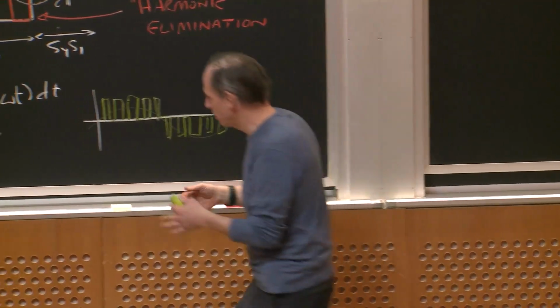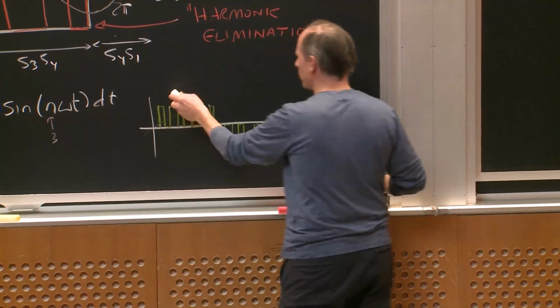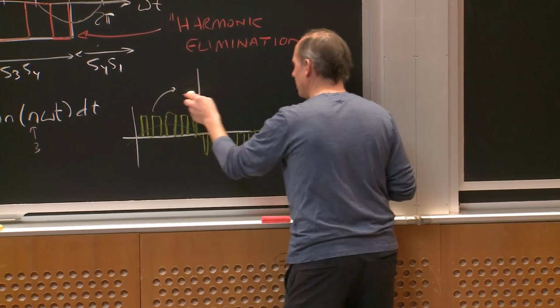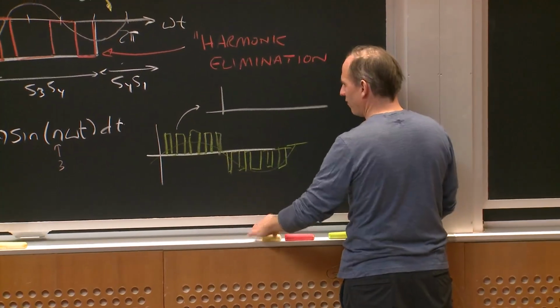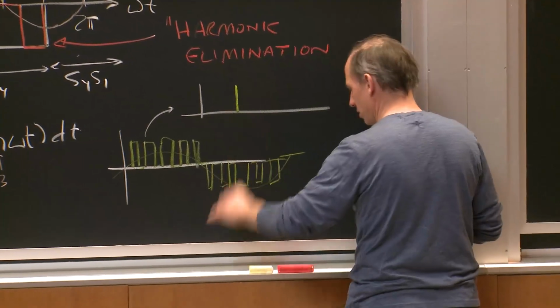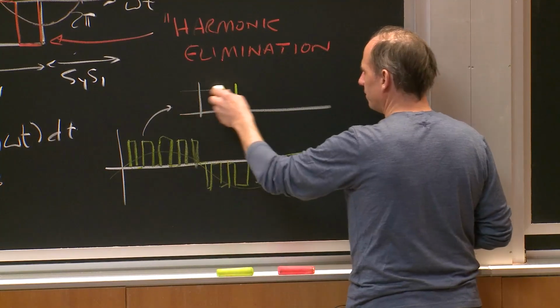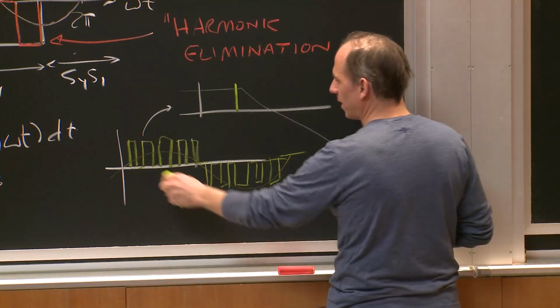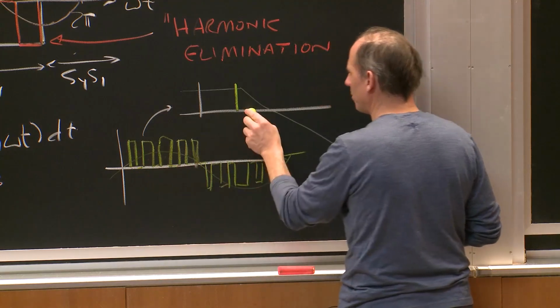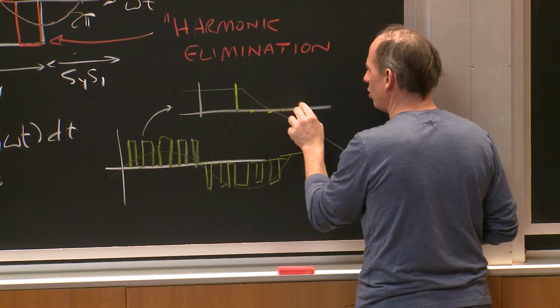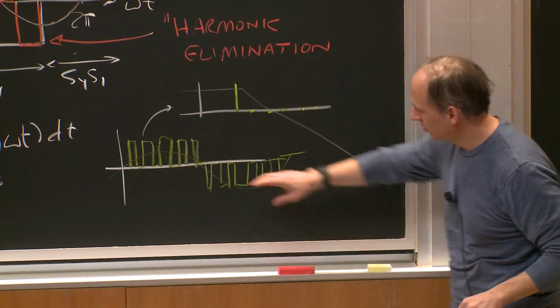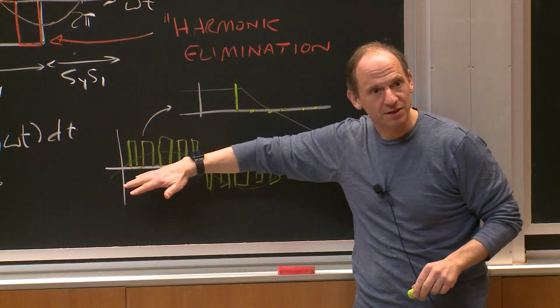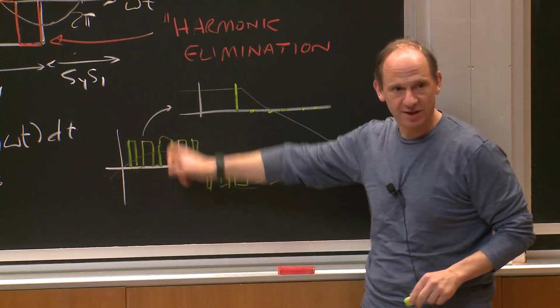What I am doing, if I think about this in the frequency domain, right, is I've got my fundamental that I want. I've got some filter that's going to then cut off, right? And what I'm doing by doing this is I'm eliminating a bunch of the low order harmonics. But you can see that this has a bunch of high frequency content, right? I'm switching up and down and up and down and up and down.